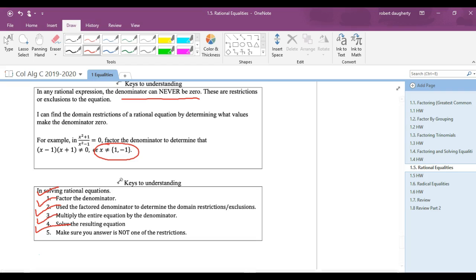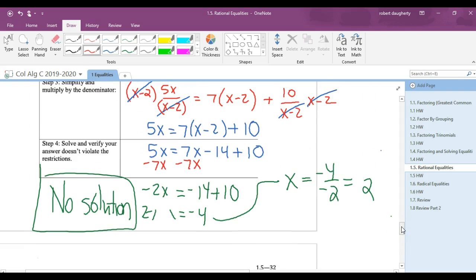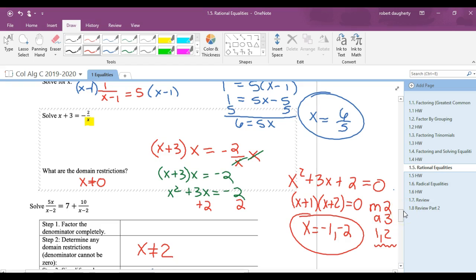So what's going to happen when you multiply by the denominator, you're probably going to come up with a linear problem. That was what we just did here. Or you might come up with, in this case, a quadratic problem. Okay, those are sort of the two scenarios that are going to happen for you. And if it's quadratic, then you've got to pull back to that you know how to factor quadratics.